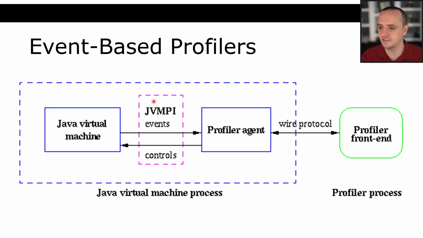It has events built into it that let you do some profiling. So you have some profiler agent and a front end, and this agent runs in the background, listens for events, and is then able to profile your code, even in real time sometimes.